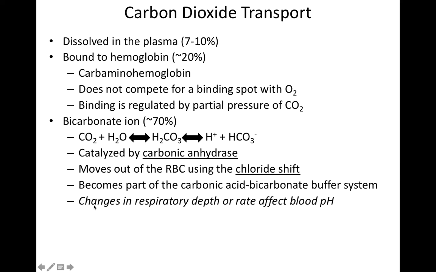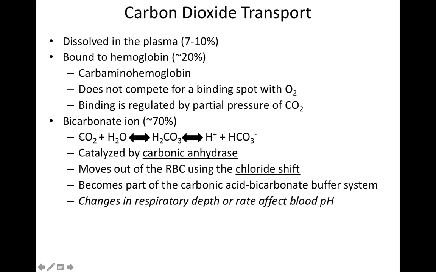This is why changes in respiratory depth and rate affect blood pH. Remember we said that pH was the single most important factor for changing your respiratory rates? This is why. Your respiratory system is the most important factor in determining how much CO2 you have in your body, and how much CO2 you have is directly related to how much free hydrogen ion you have.